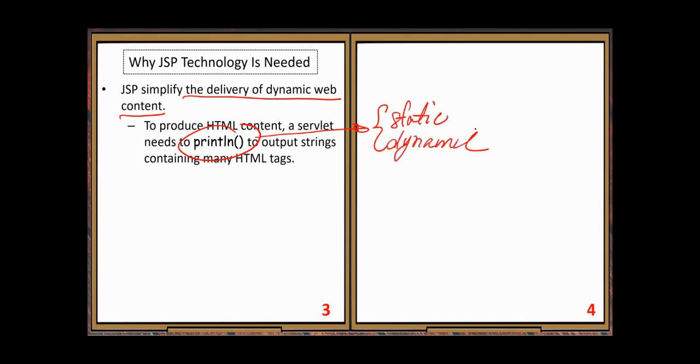Two types of content. So now the issue is, which type of content would cause problems? The static part would cause the problem. The biggest problem is the static content.